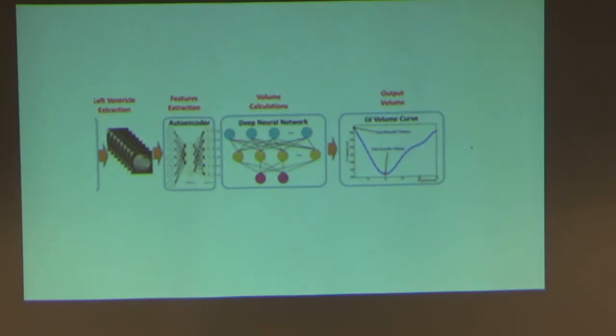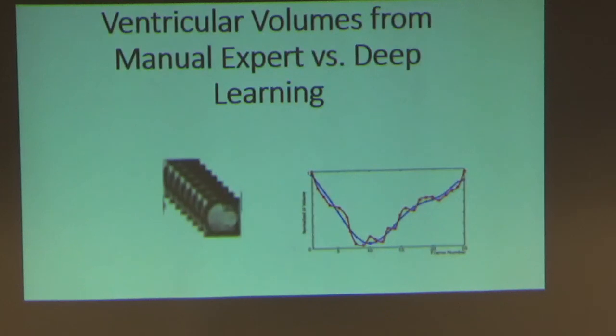And then with actual data that we've done, the blue curve is the manual expert determination, and the red curve is a large number of trials of that deep learning self-defining method, and you see that there's very good agreement, and of course we've done statistics to double check that.